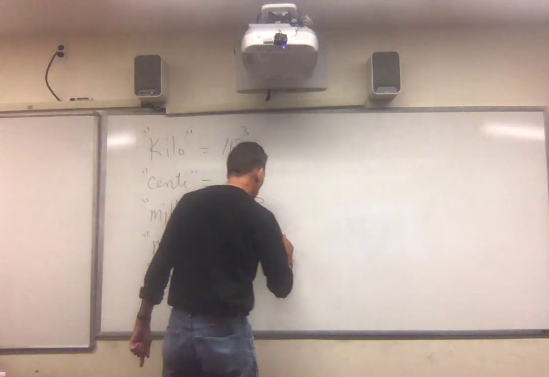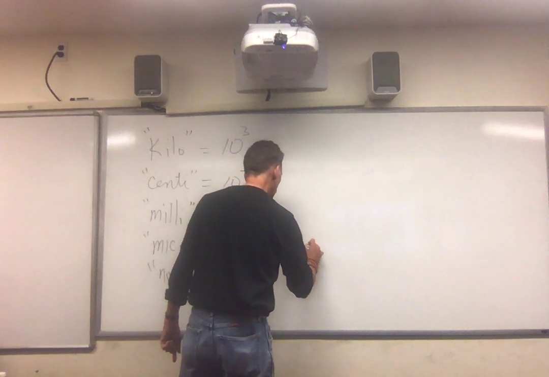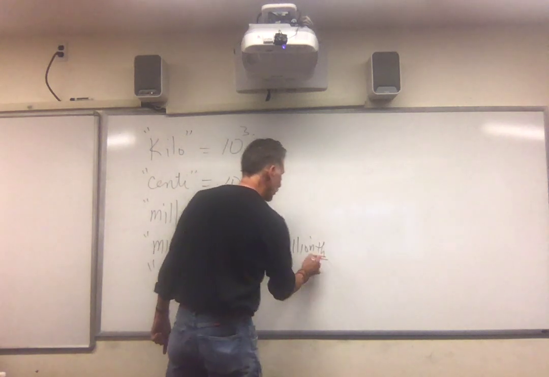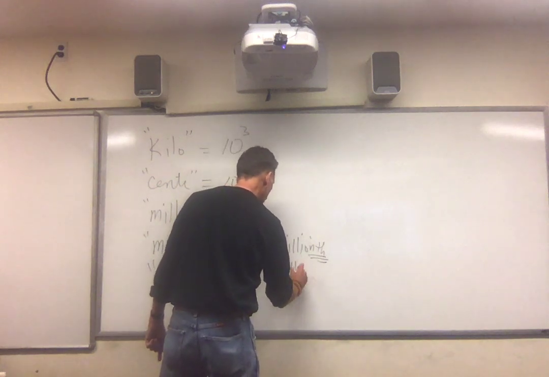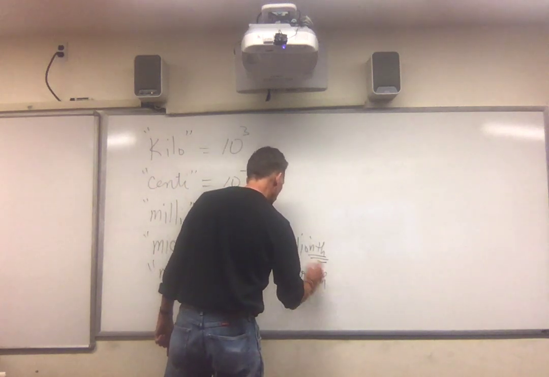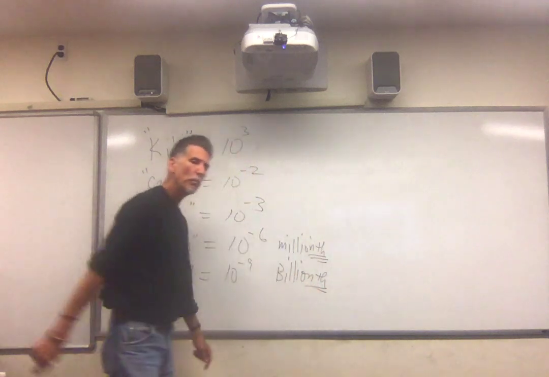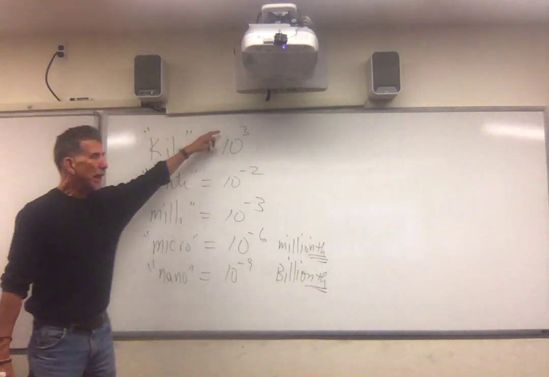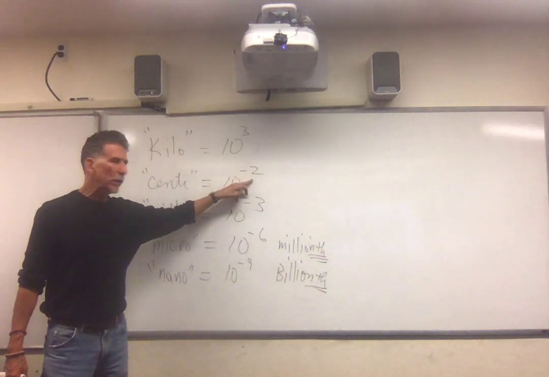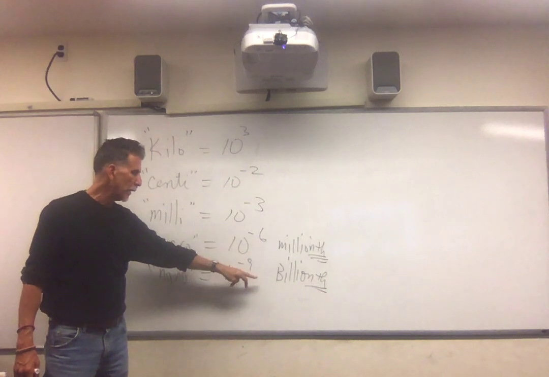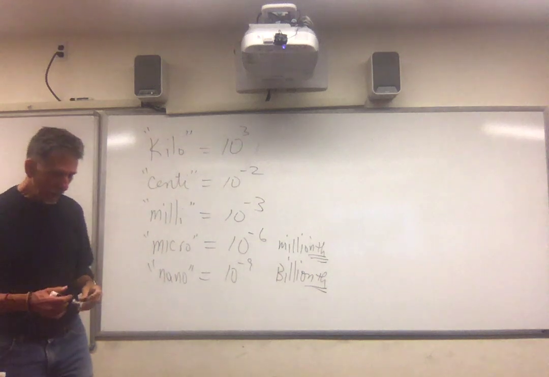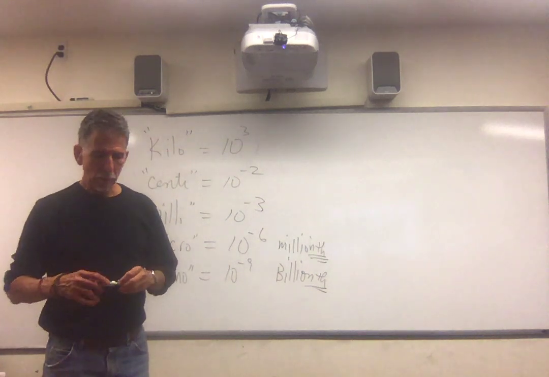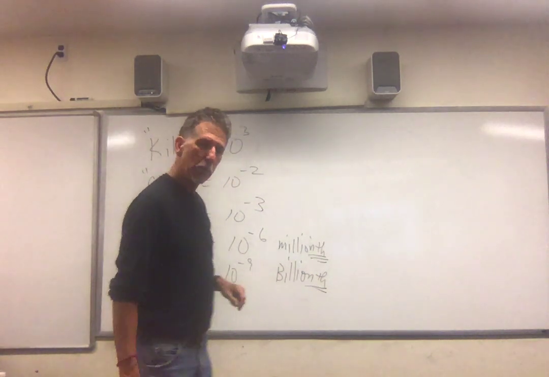So here, I'm just going to write millionth, and here, I'm going to write billionth. Okay? So we have 10 to the plus 3, 10 to the minus 2, 10 to the minus 3, 10 to the minus 6, and 10 to the minus 9. Keep those numbers in mind, because now I'm going to do that little conversion chart that we find so useful.